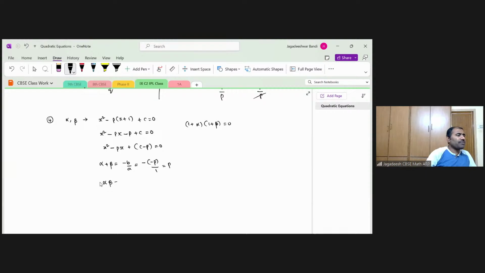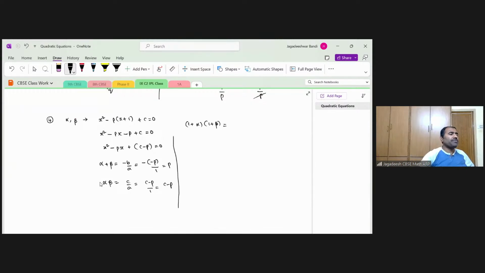And also find out alpha beta value, c by a, and c is c minus p by a is 1, which is c minus p. We want to find out now finally, not equal to 0. I wrote equal to 0. No. We have to find the value of it.